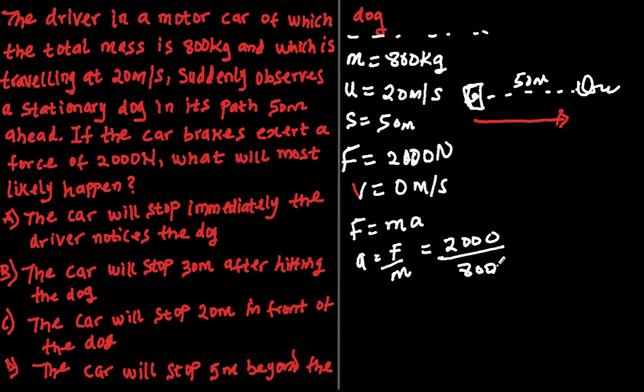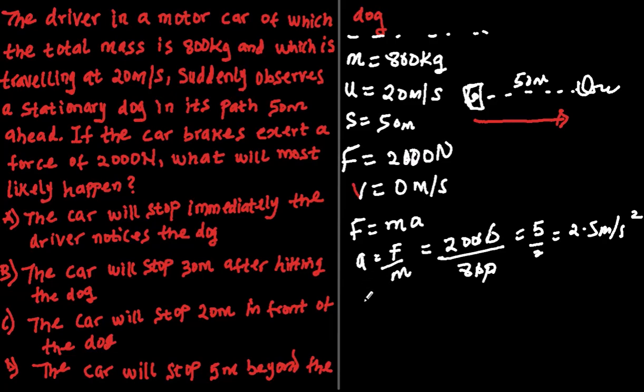Let's simplify. So this cancels this cancels this. 4 in 20 is 5, 4 in 8 is 2, 5 over 2 is 2.5 meters per second squared. So that is the deceleration now.